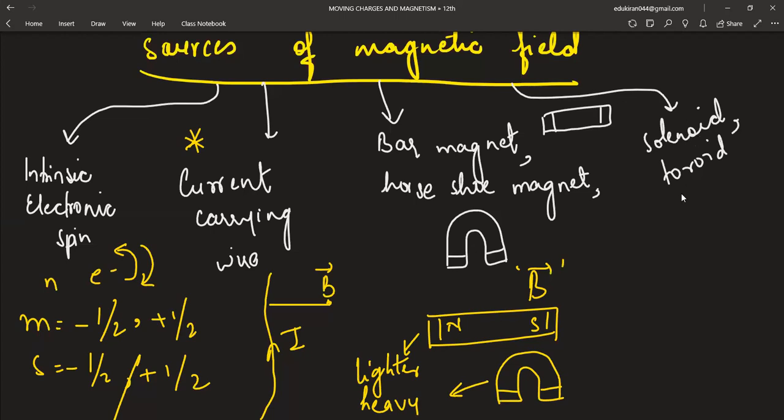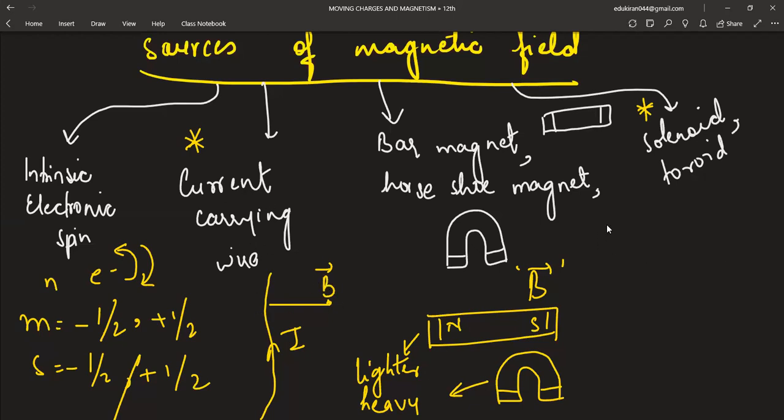Lastly, we have the sources of solenoid and toroid. Solenoid and toroid are in your syllabus. Out of all these sources, these two are present in your chapter. We have studied that a current carrying wire produces magnetic field.